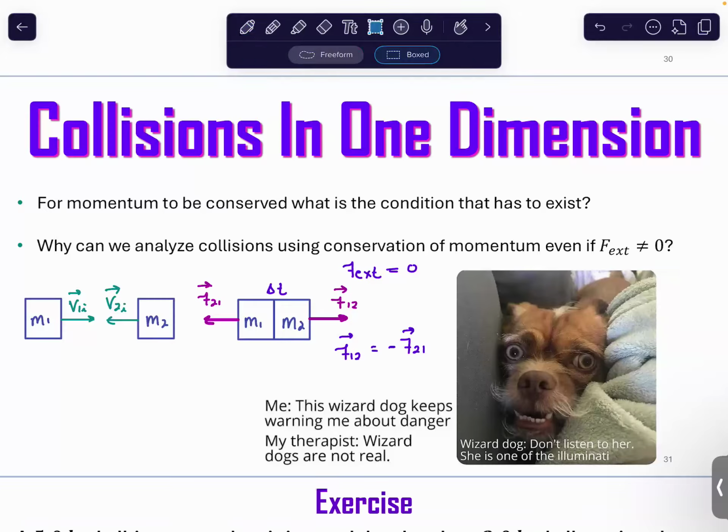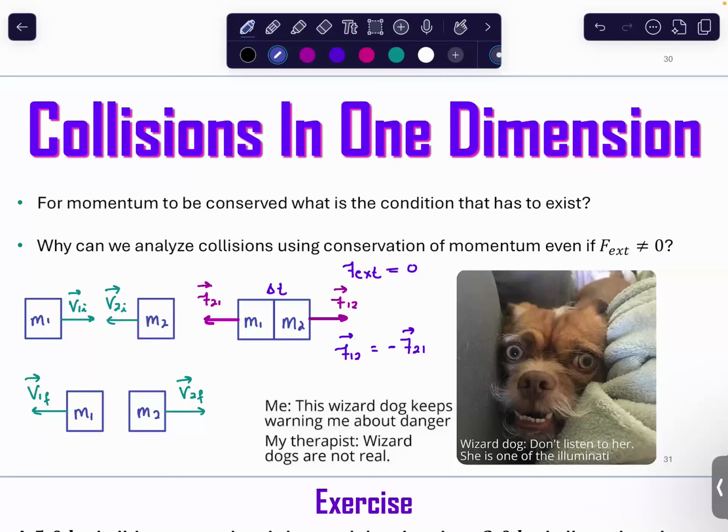Then after they collide, the change in momentum is represented as a change in direction. And so now they're moving away from each other. So this is the idea of what we're looking at.